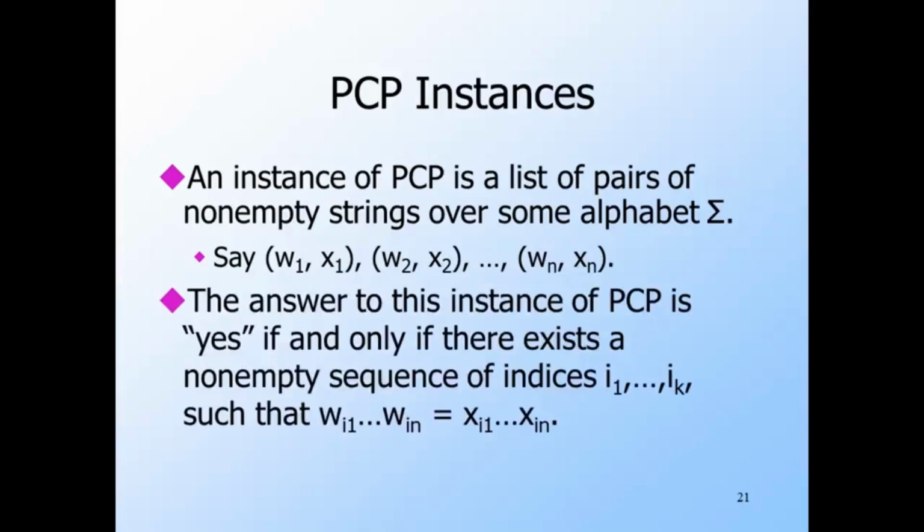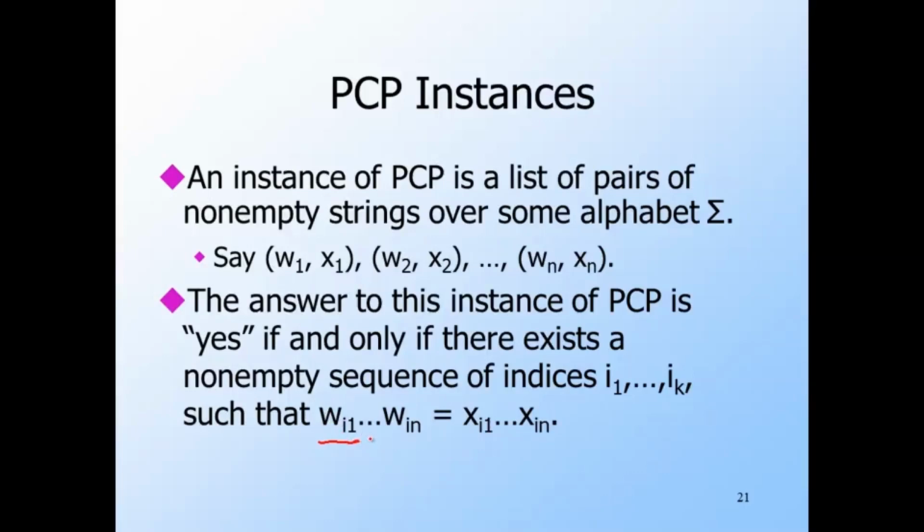The property of the list that makes the answer to this instance of PCP be yes is that when we take the first component from each pair on the list, that is, W_i1 is actually the first component of the pair that we indexed as i sub 1. I can't draw on the slide two levels of subscripts.